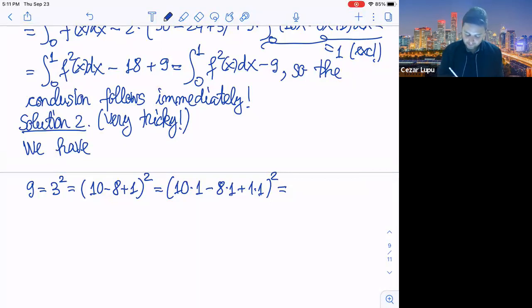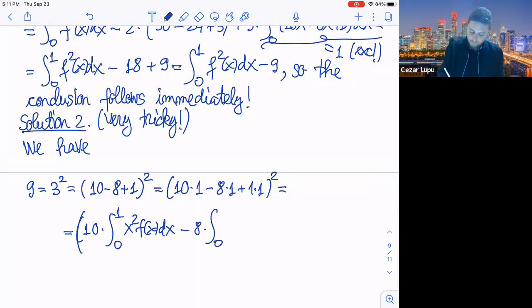So let's do that. This would be 10 times the integral of x squared times f, plus the integral of f, squared.